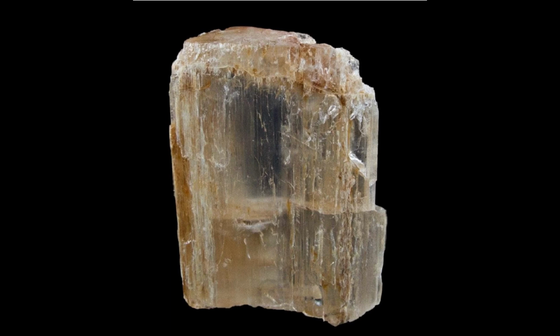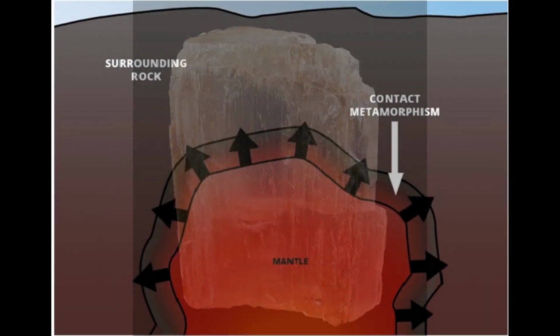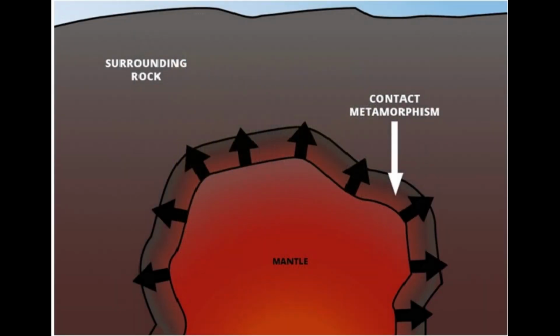There are two types of metamorphism, contact and regional. Contact metamorphism occurs when magma forces its way into an existing rock formation. Under the intense heat, existing rocks begin to melt and eventually recrystallize as new species. These are stable at high temperatures.